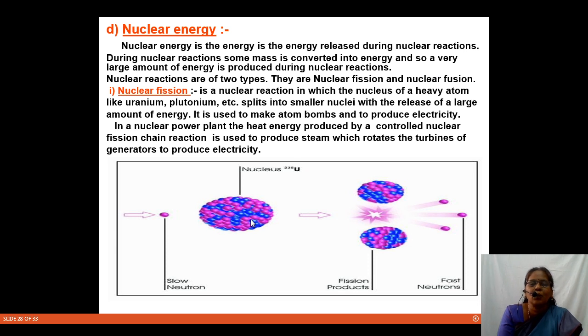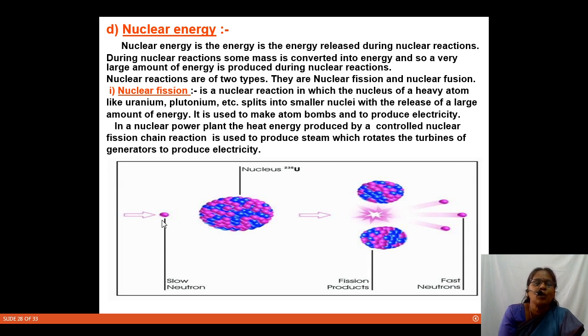This is uranium 235, which can be used as a nuclear fuel of a nuclear reactor. In an atomic power plant we are using as nuclear fuel uranium 235. Now the uranium 235 has to split. How does it split?